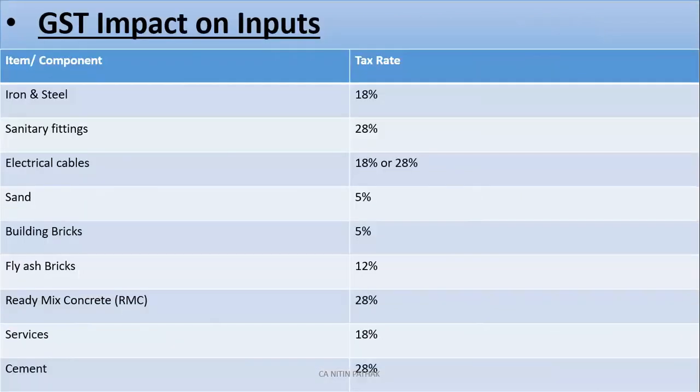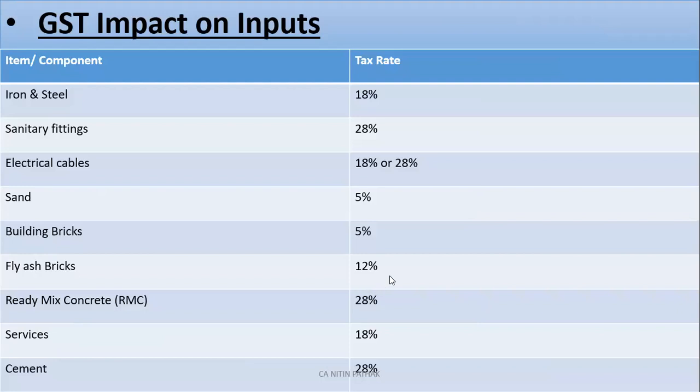Now we are going into what inputs you are entitled to. Iron attracts 18%, sanitary 28%, electric 18% and 28%, sand 5%, building brick 5%, fly ash bricks 12%, and ready mix concrete, RMC, concrete made and brought in a vehicle, is 28% services, and cement 28%.